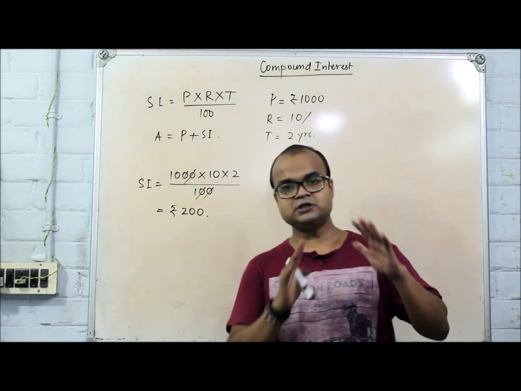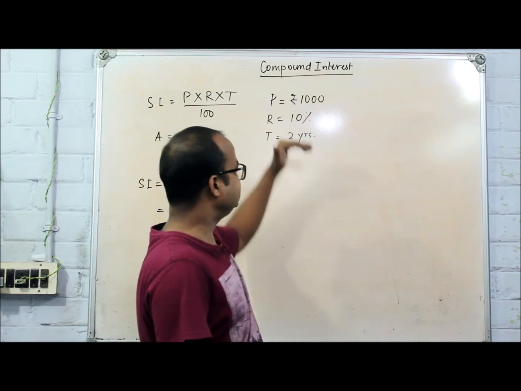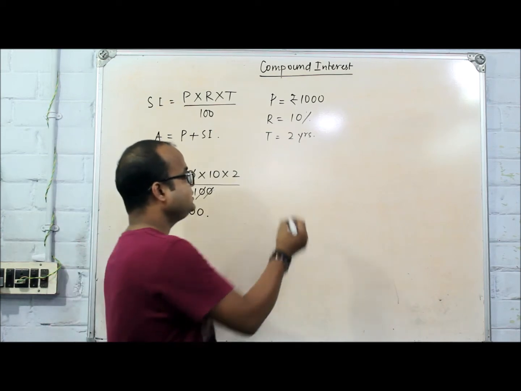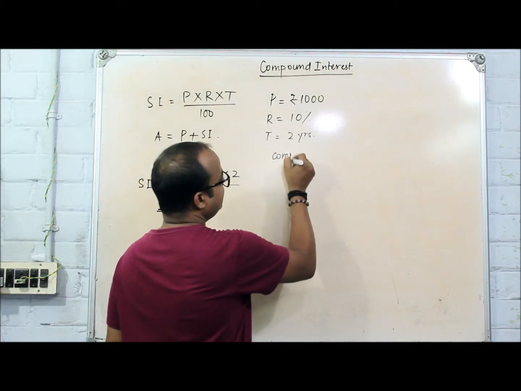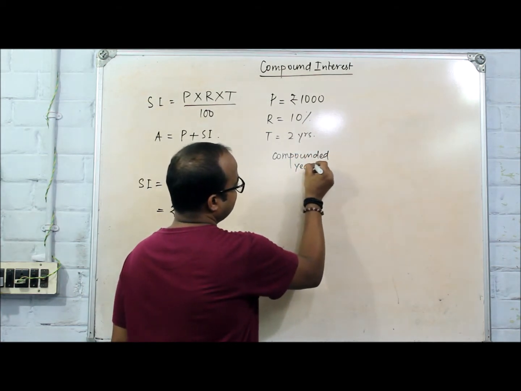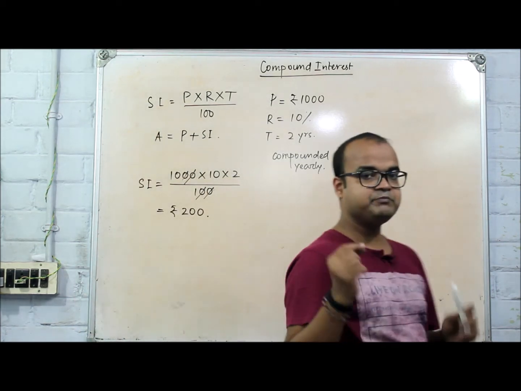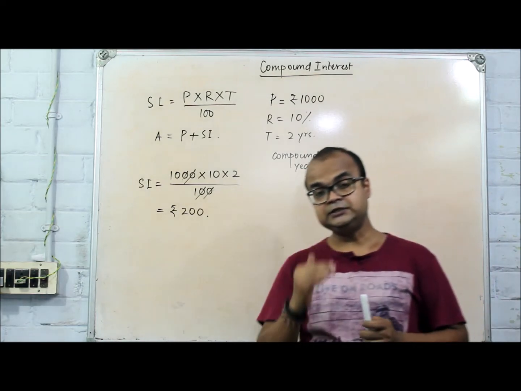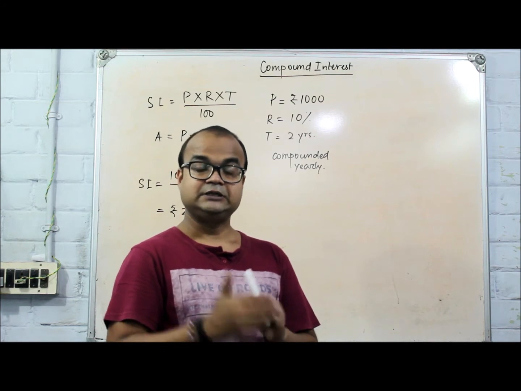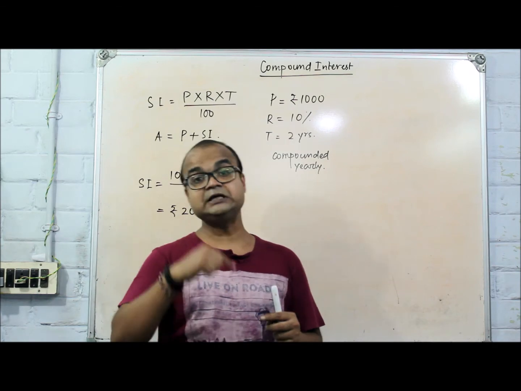Now, suppose the same principal or sum is deposited at the same rate for the same period, but this time it is compounded yearly. Compounded yearly means whatever interest you gained at the end of the first year will be added to your principal for the next term.